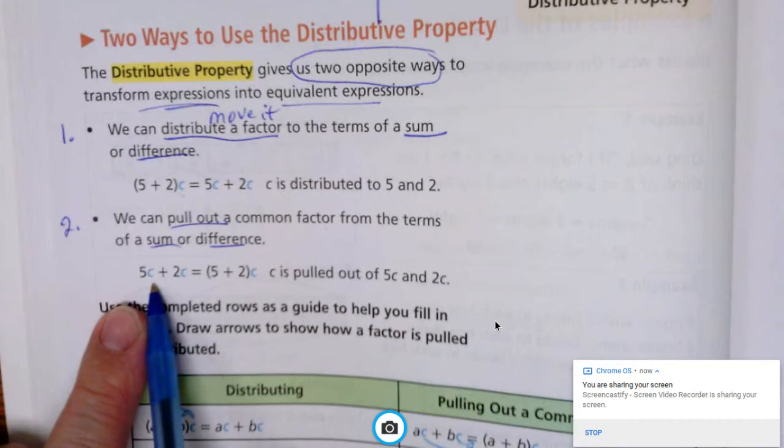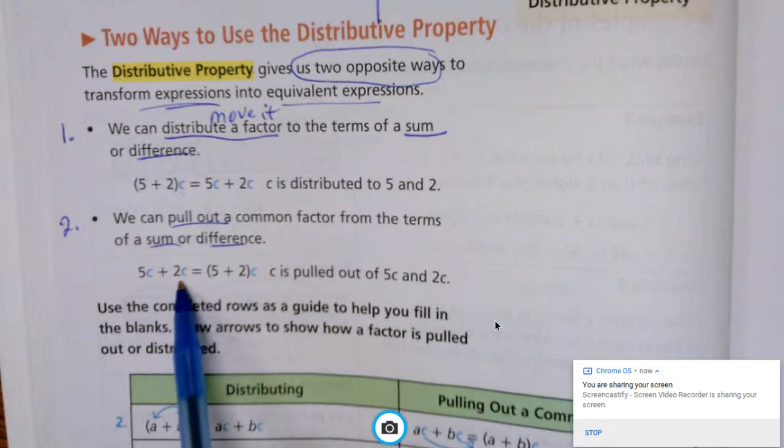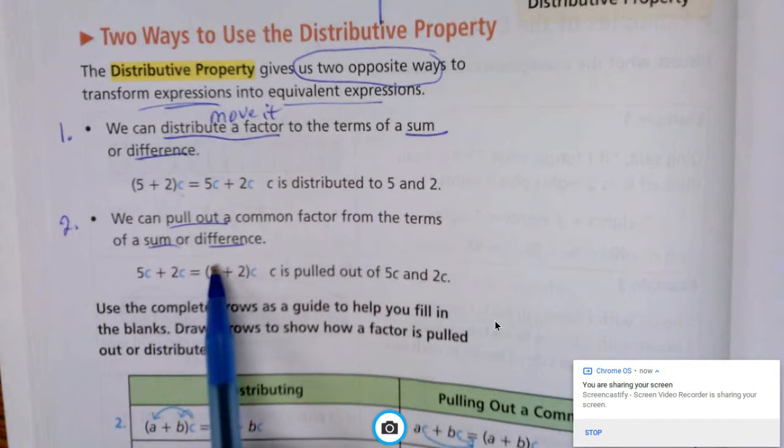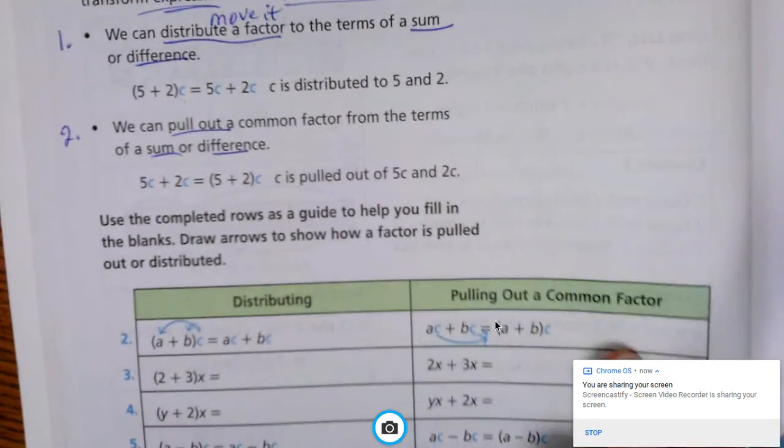We're pulling the c out of 5c and 2c and putting it outside of parentheses, where you just combine the 5 and 2 inside the parentheses. So let's practice down below.